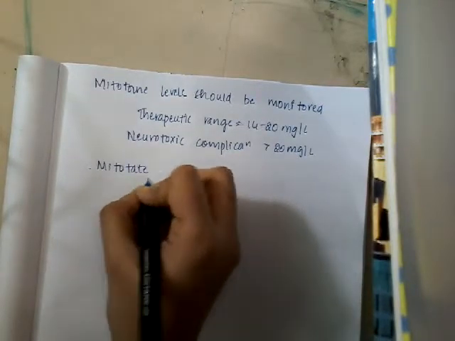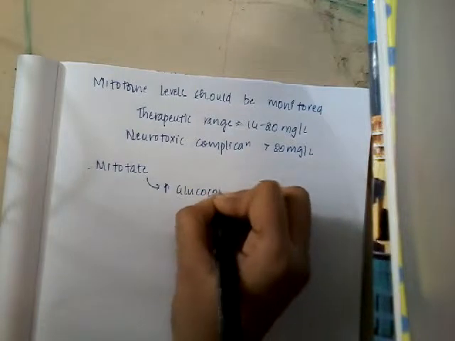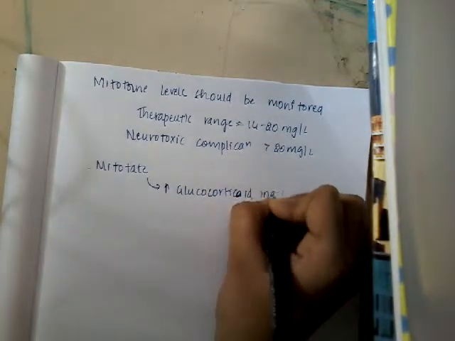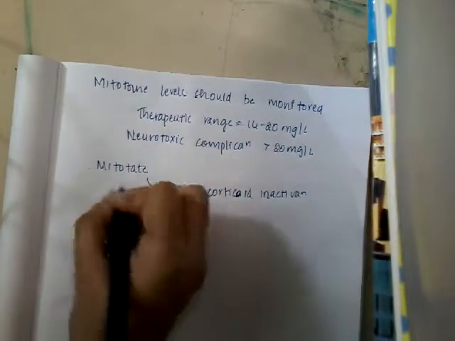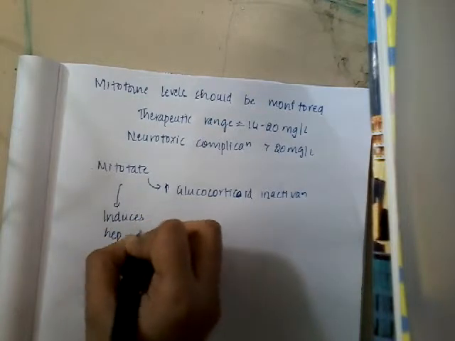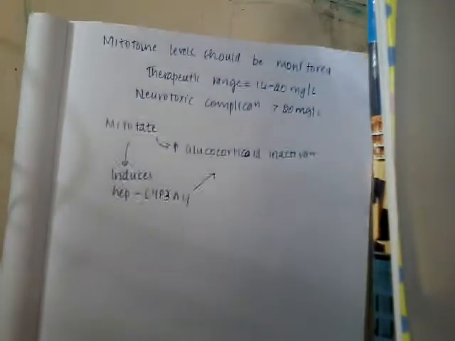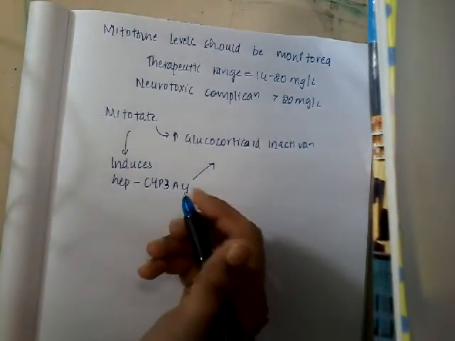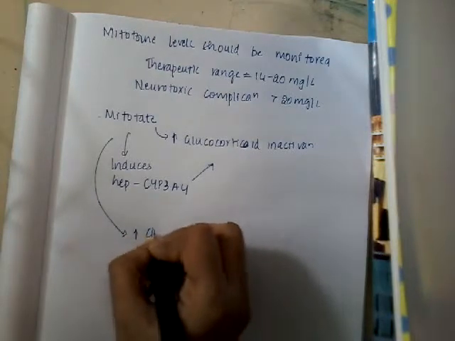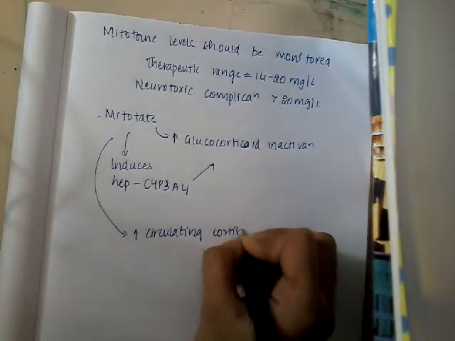Mitotane also increases glucocorticoid inactivation. It induces hepatic CYP3A4 activity and thus causes increased glucocorticoid inactivation, and it also increases circulating cortisol binding protein.